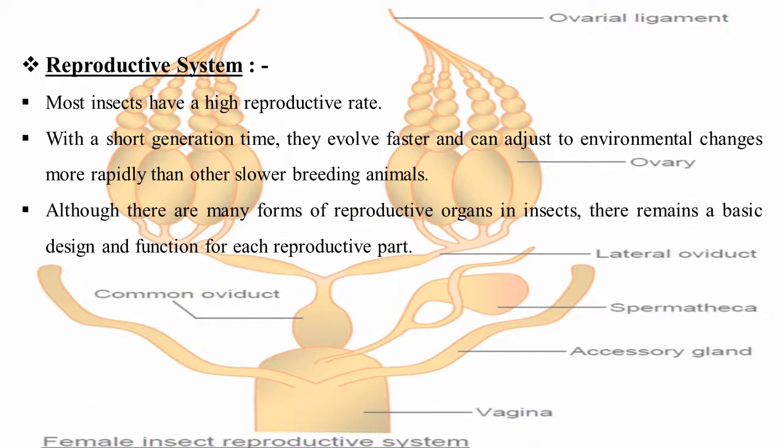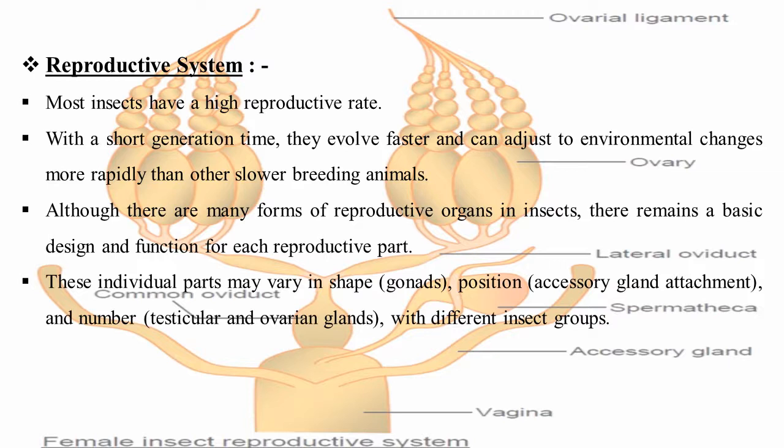Although there are many forms of reproductive organs in insects, there remains a basic design and function for each reproductive part. Insect reproductive parts have basic functions but different designs.